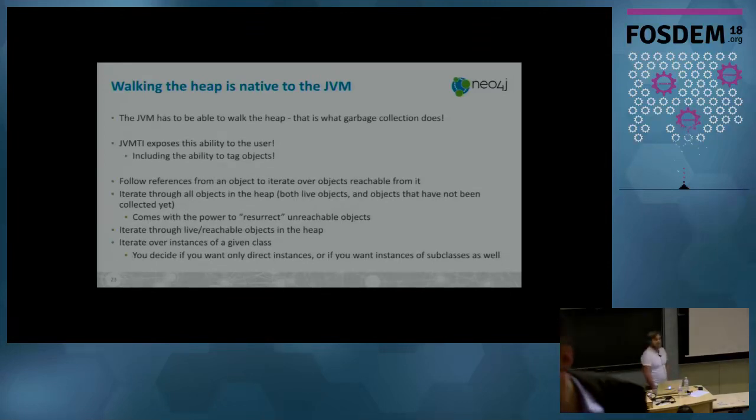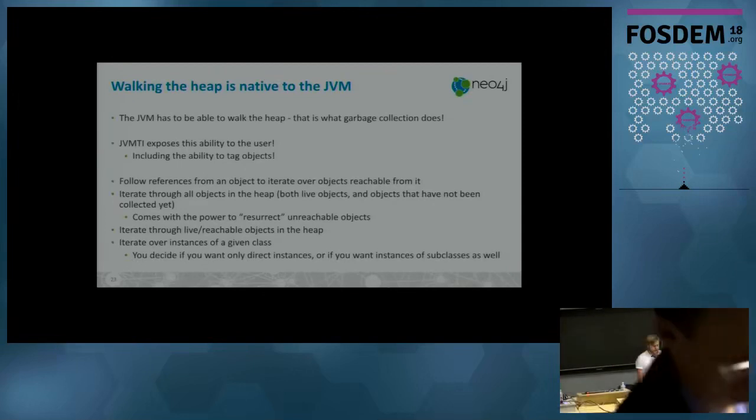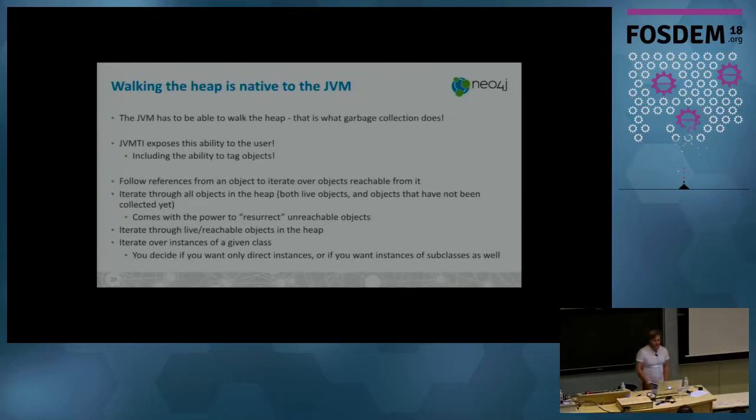And even this ability is exposed through the JVM TI interface, the ability to tag objects. So we have an API that allows us to walk the heap and tag objects that we think are interesting in the heap. So we can, for example, follow all the references from a particular object to other objects that it references, or we can linearly scan the entire heap, both all objects and only live objects.